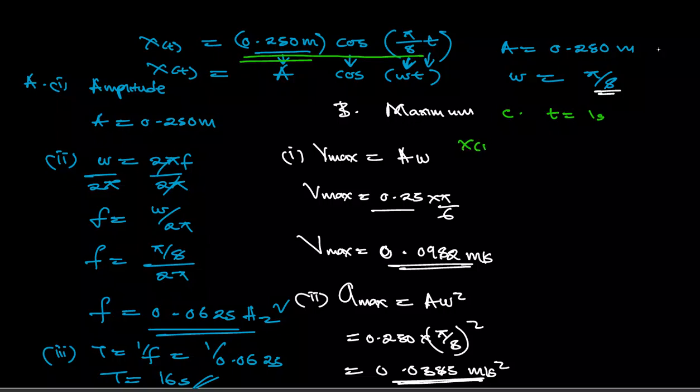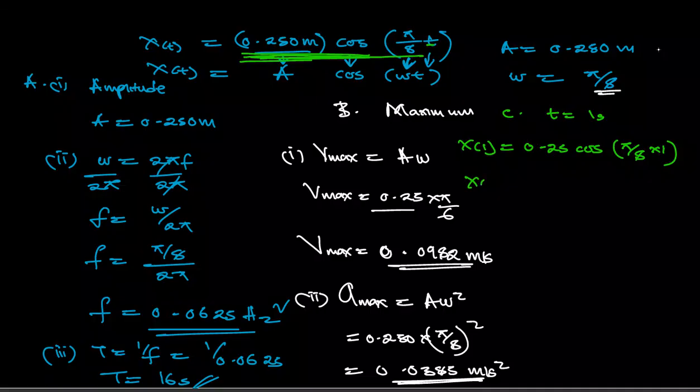So position at 1 second is going to be equal to, we have already been given this, so we just replace 0.25 cosine pi over 8. When you multiply by 1, we still have the same thing.